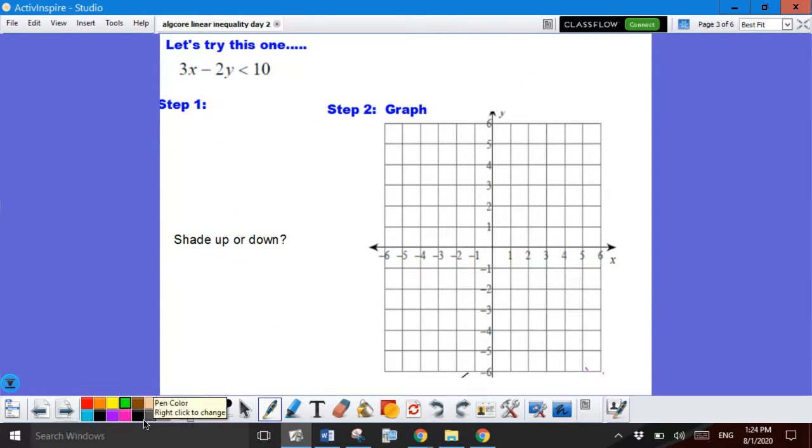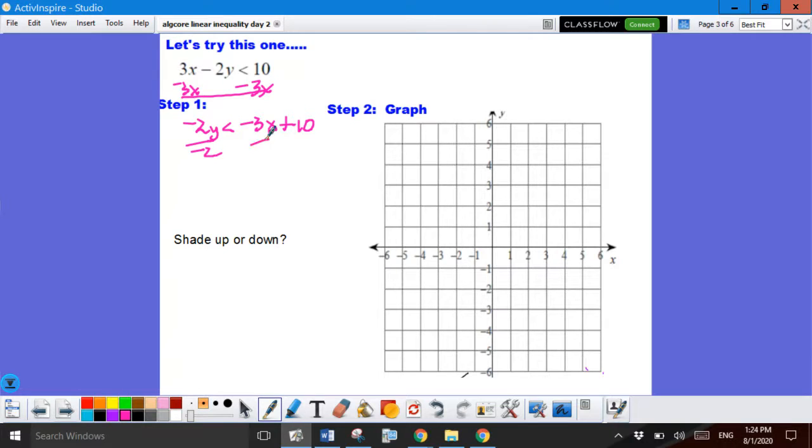All right, let's look at this one. So again, solving for y. Why don't you go ahead and hit pause, see if you can get this solved for y, and start graphing it, and I will catch up with you. All right, let's see how you did. So minus 3x. So negative 2y less than negative 3x plus 10.